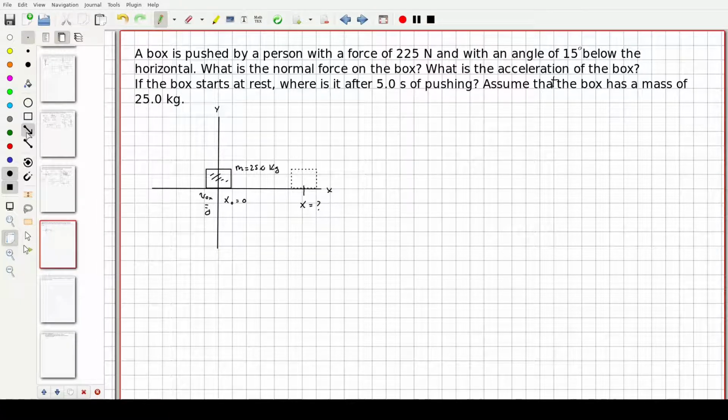So the way to think about that would be you have a person, we'll say, right here, and they're pushing the box like this. But the way that they're in contact with the box and pushing is down like that. So if you think of this right here, let me see here.